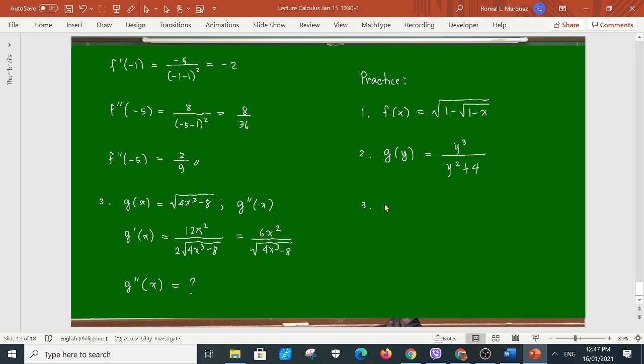Number 3, let's say w is equal to 3x cubed minus 5 raised to 2, and then 5x squared plus 1 raised to 3. Okay guys, practice.